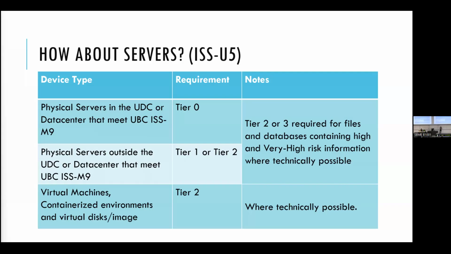And I'll say in a general sense, if you have information that's very valuable to your research, or that's very high risk, just encrypt it. If you think, hey, this is very valuable to us, and if it gets stolen, there might be repercussions on the university, or on us as researchers, or on our research, or on participants, encrypt it. It's best to just have it encrypted, and then you don't have to worry about it.